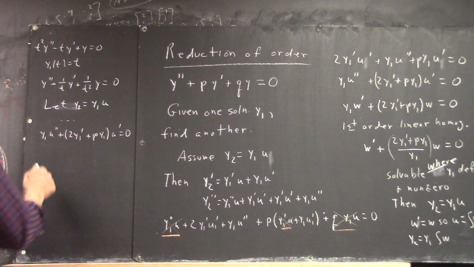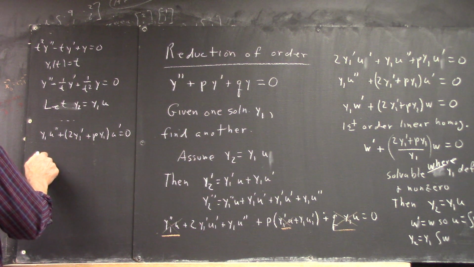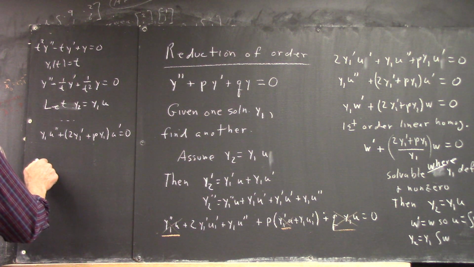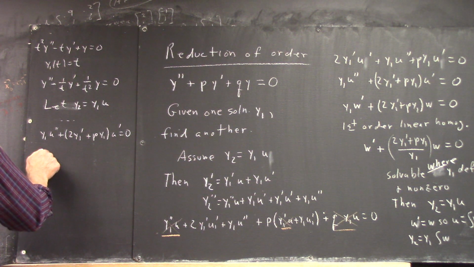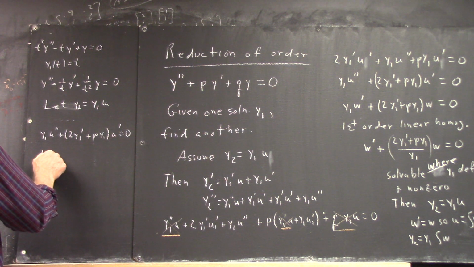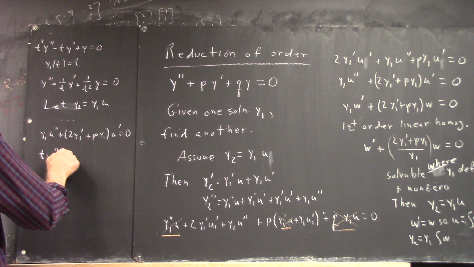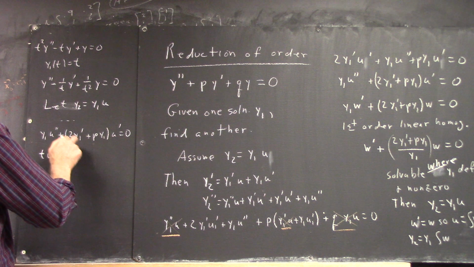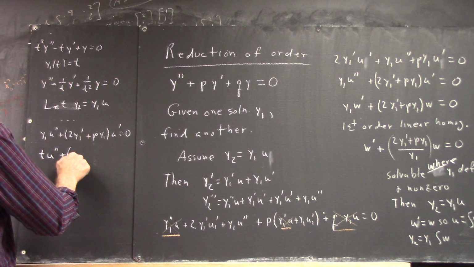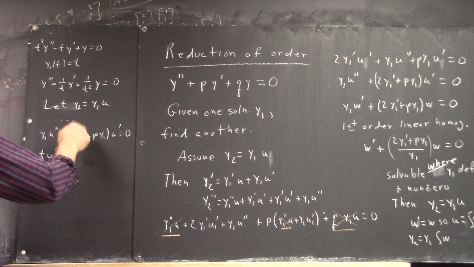Okay? So we're going to get y1 u double prime. That's going to give us t u double prime. And then 2y1 prime is just 2 because y1 is t and y1 prime is therefore 1.